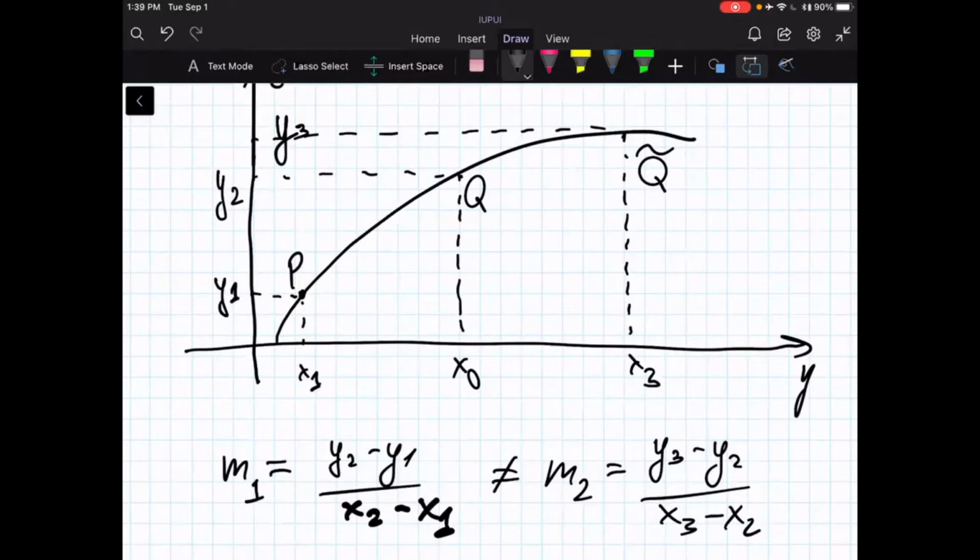But there is, and we can think about the following chords. Say chord PQ.